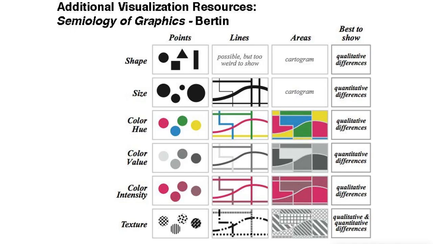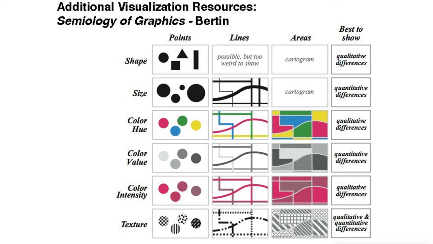So the next two resources I'm going to mention are actually just textbooks. So Bertin was a French cartographer and theorist and a world-renowned authority on the subject of information visualization. So this was originally published in French in 1967, and it's a book on the semiology of graphics, and it's internationally recognized as a foundational work in the fields of design and cartography.